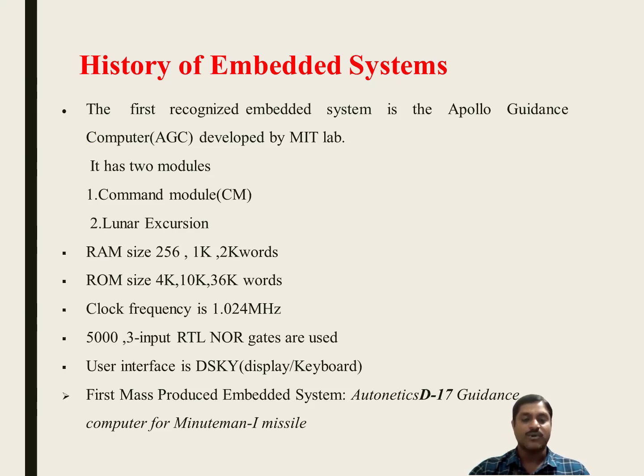Its ROM size is 4K, 10K and 36K words. Its clock frequency is 1.024 megahertz. And in the AGC system, 5000 three-input RTL NOR gates are used. Here the user interface is display keyboard. And the first mass produced embedded system is the Autonetics D17 guidance computer for Minuteman I missiles.